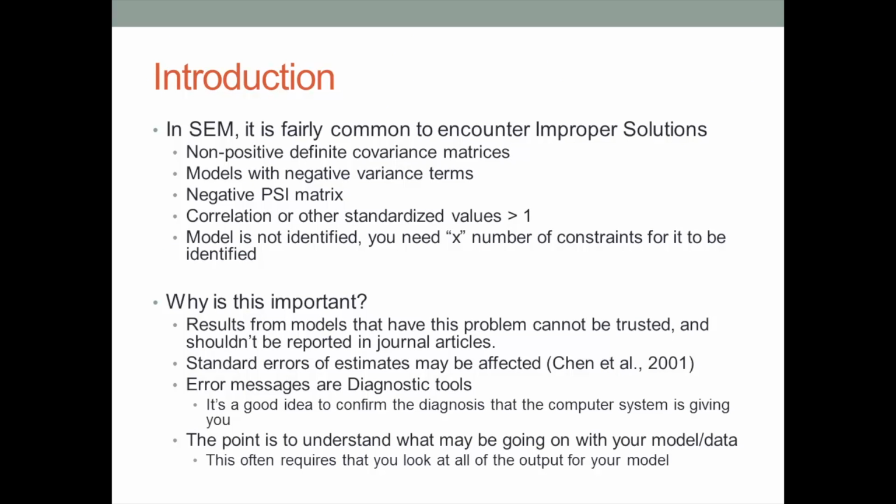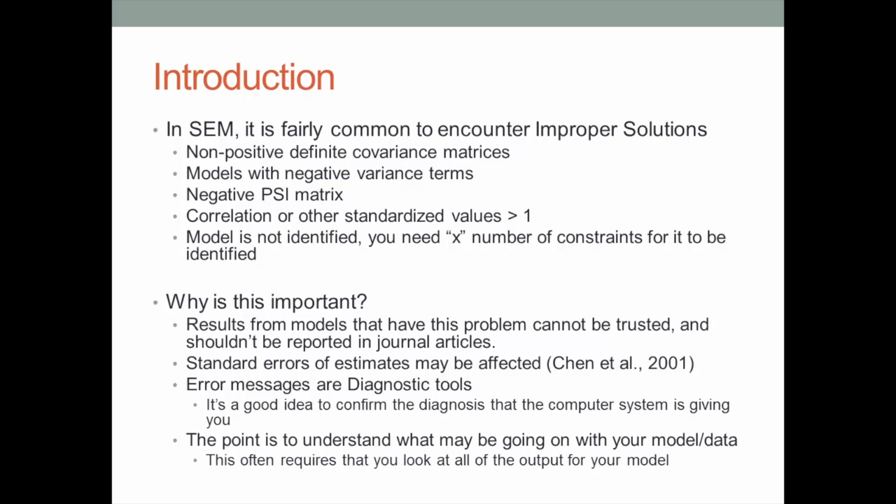It's actually pretty common to get these kinds of errors that are sometimes referred to as improper solutions. I gave some of these examples already: non-positive definite covariance matrices, models with a negative variance term, a negative psi matrix, correlation greater than 1, models not identified, where you need X number of constraints for it to be identified.